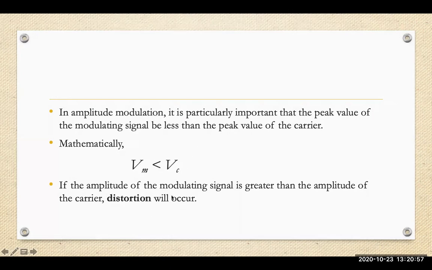So, ang mangyayari lang, mga kapatid, magkakaroon tayo ng distortion. Okay? So, you should remember that the modulating signal should always be less than the peak value of the carrier.